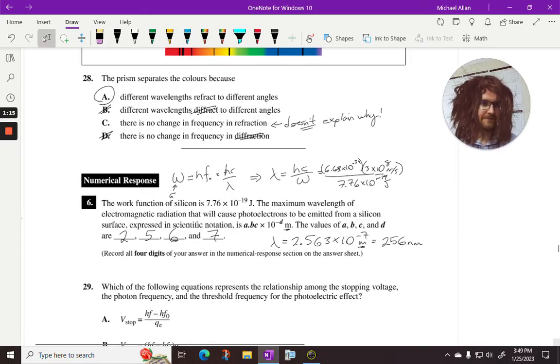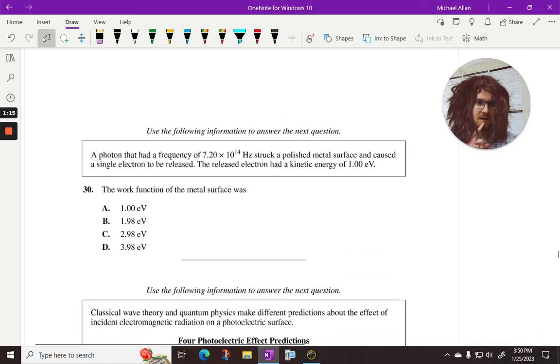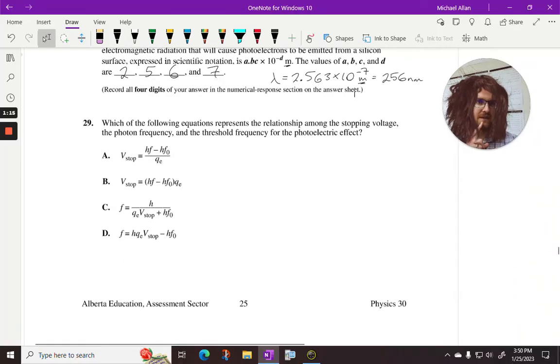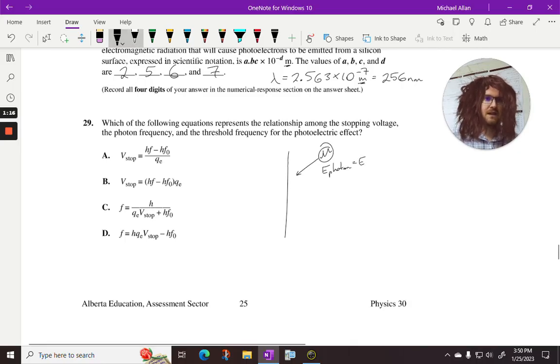There you go. Which of the following equations represents the, so this is the conservation of energy rule, all right? So what goes into the photoelectric effect has to come out. So in the photoelectric effect, we've got photons coming in, right? They have very specific energy, the energy of the photon. We can find the energy of the photon by going h times f, right? So hf.